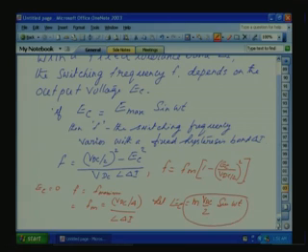Now, substitute this one, and we will get the frequency variation of F with respect to the back EMF EC.